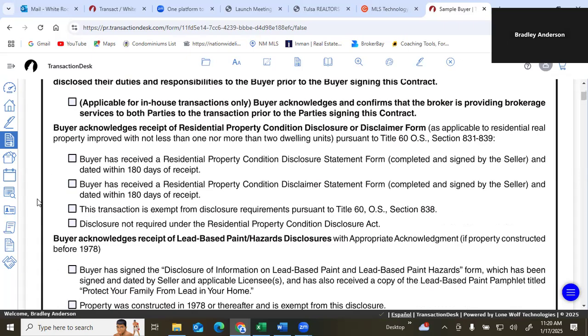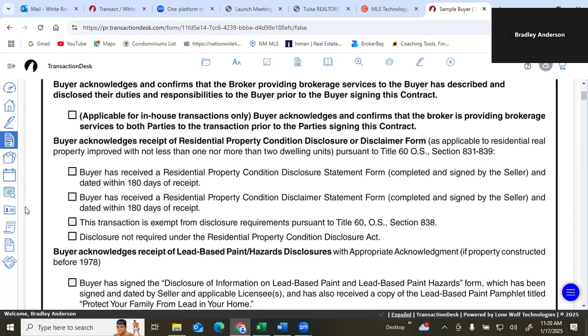And then it goes on to say, buyer acknowledges receipt of residential property condition disclosure or disclaimer form as applicable to residential property improved with not less than one nor more than two dwelling units pursuant to the property code.